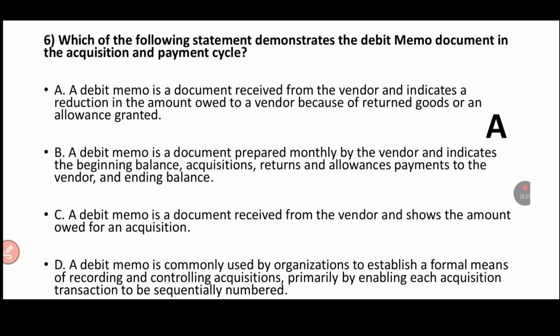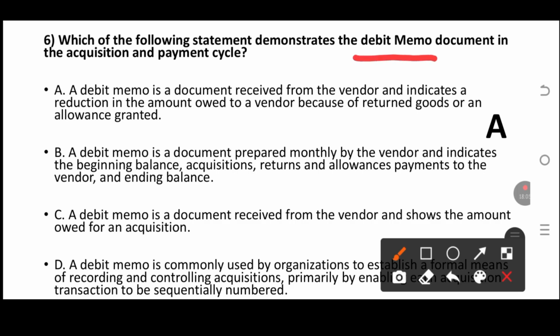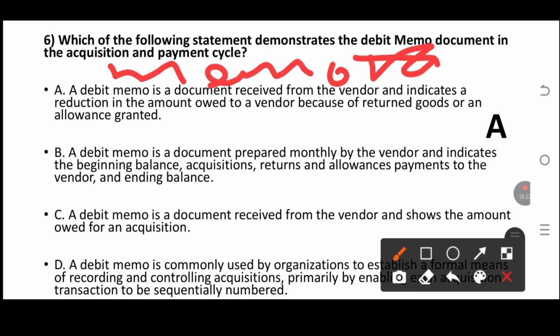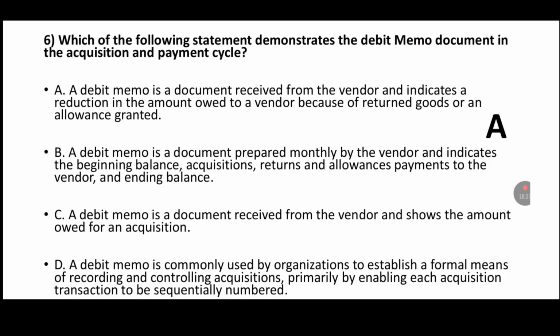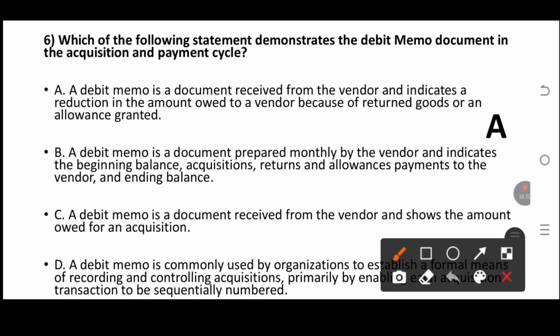What is a debit memo? We need to understand that first. It is also called a debit memorandum. It is basically an accounting document used to increase the amount a customer owes, or to reduce the balance in a company's accounts payable, depending on who issues it.